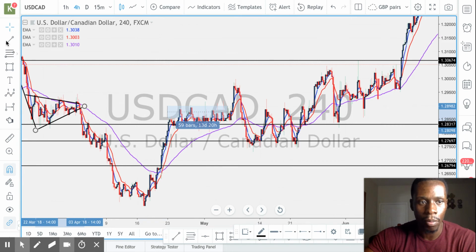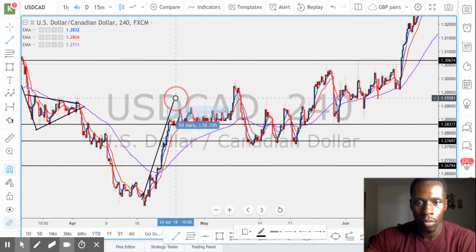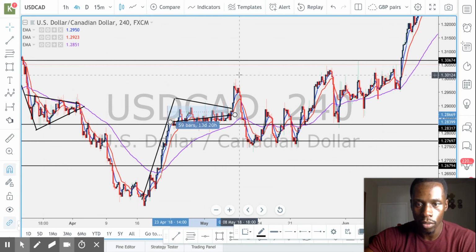And then it made another bullish flag here. So this was a breakout completely.